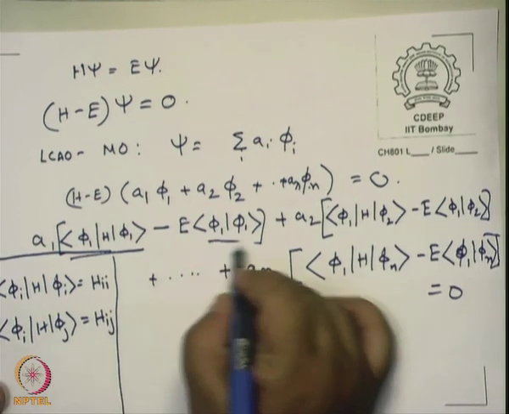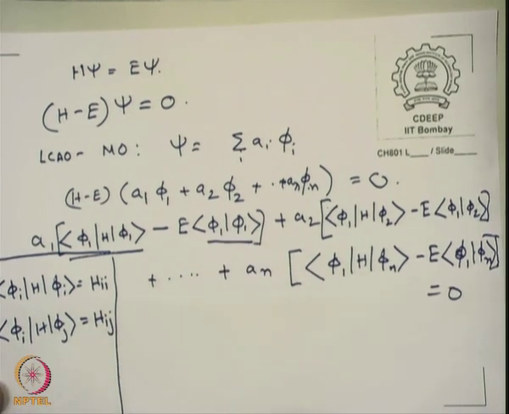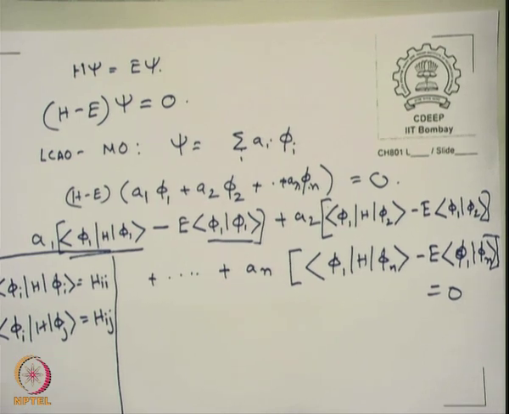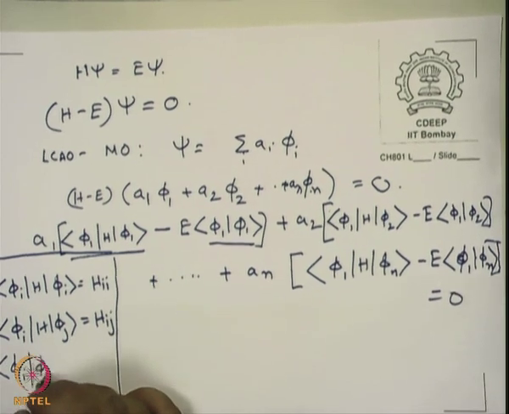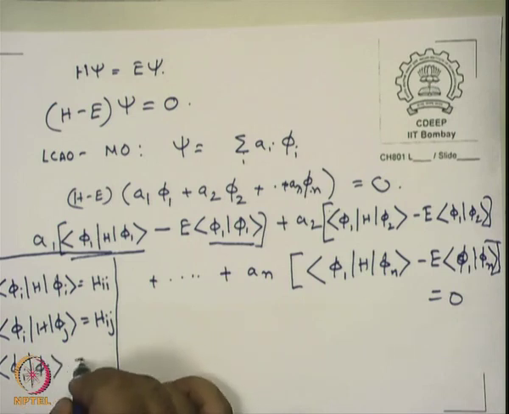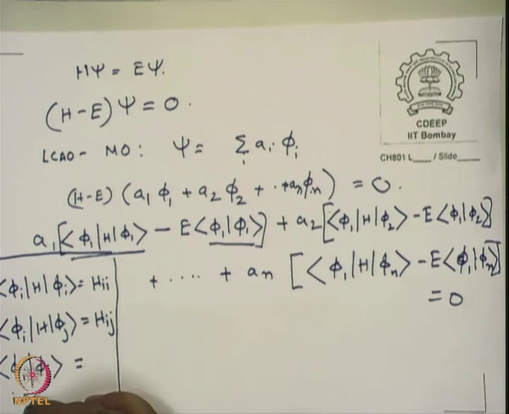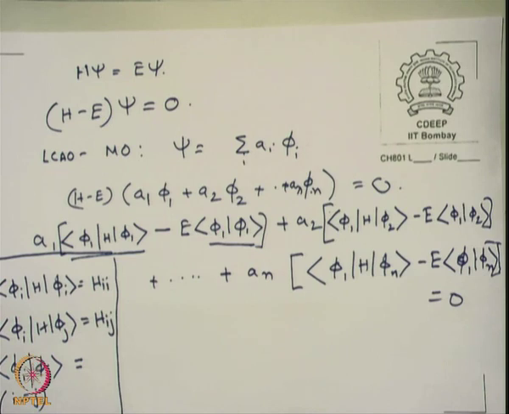What is the integral of phi_1 phi_1 over all space? That is 1, because we are dealing with an orthonormal set of wave functions. But what is the integral of phi_i phi_j over all space, where i is not equal to j? What is that equal to?